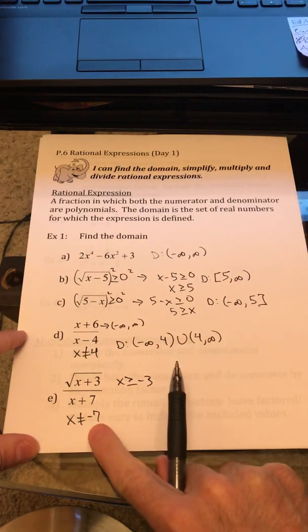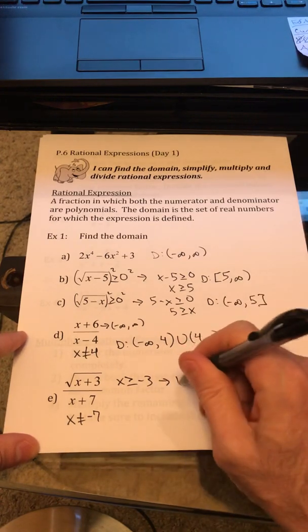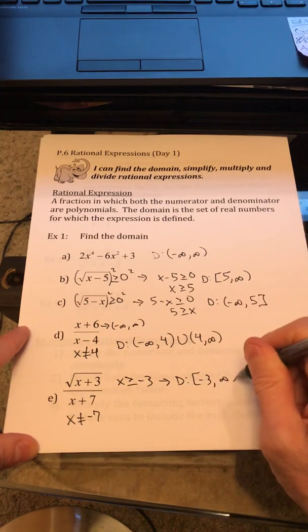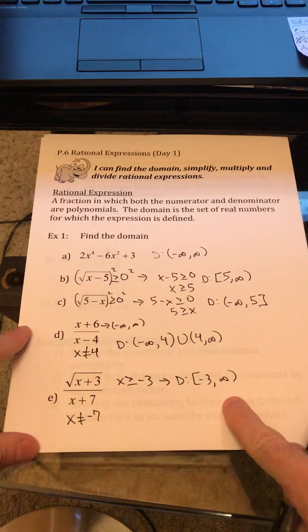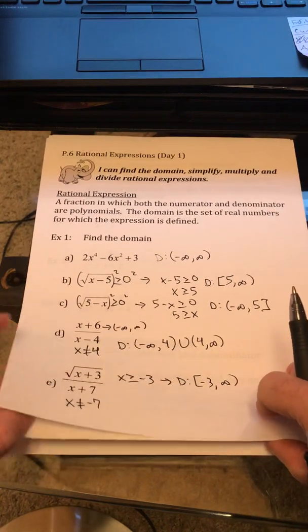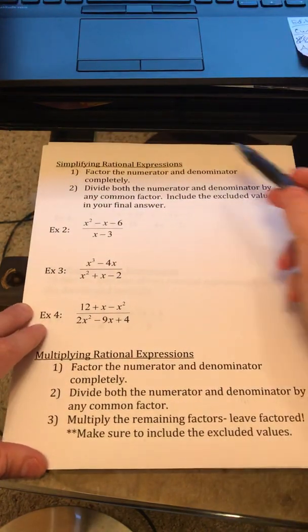The nice thing about this one is the restriction is not within this domain, so our overall domain is just negative 3 to infinity. If you are writing these out, everything is able to be printed off online.